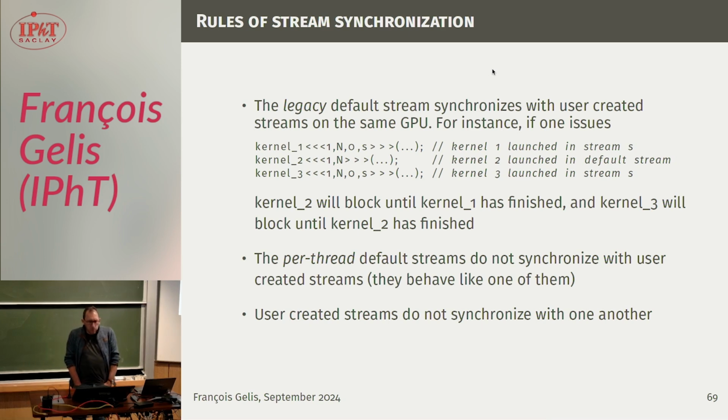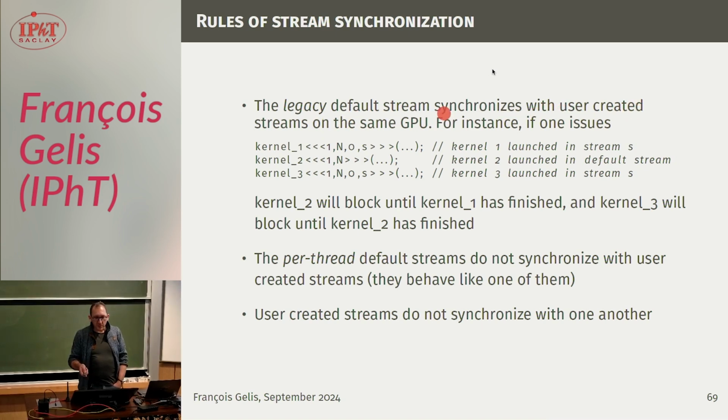So there are certain rules for how they are synchronized among themselves or with the default stream, because when you create streams by hand, the default stream still exists. The rule is simple regarding the default stream: the default stream synchronizes with everything.